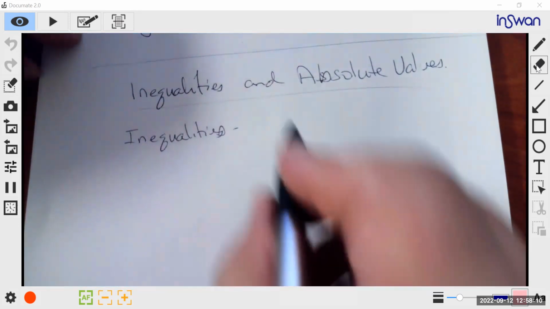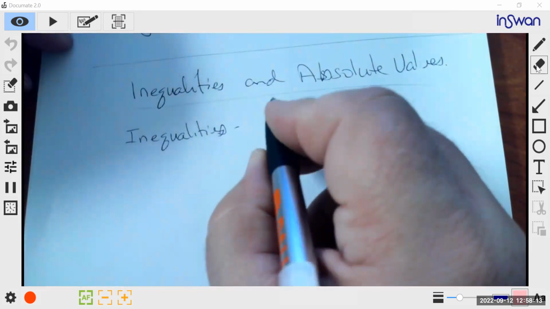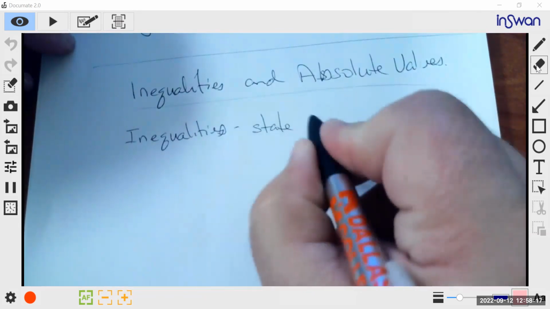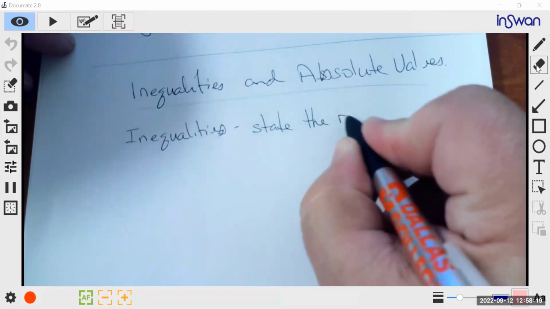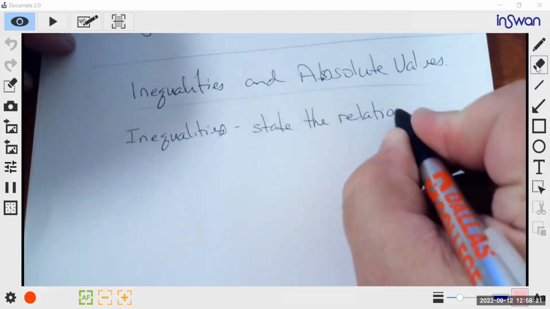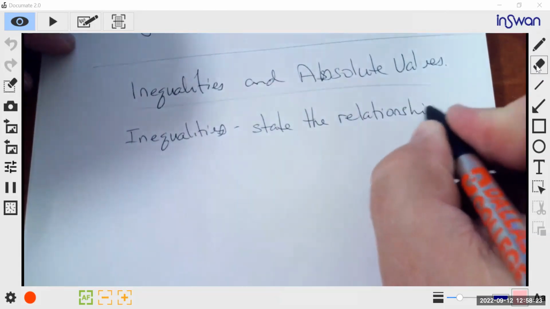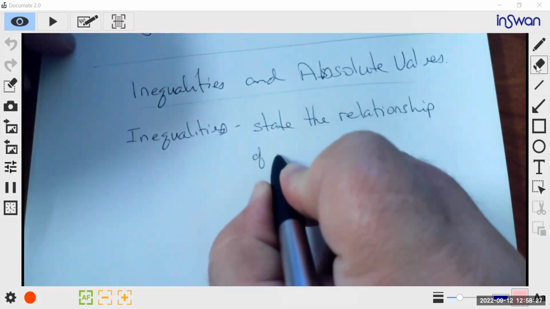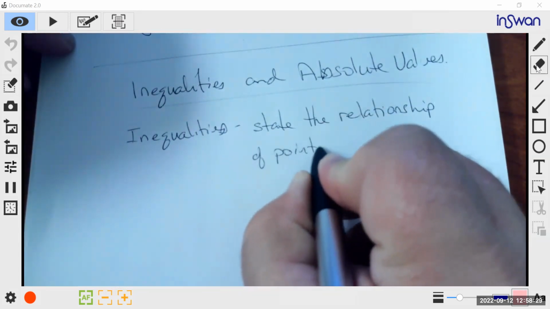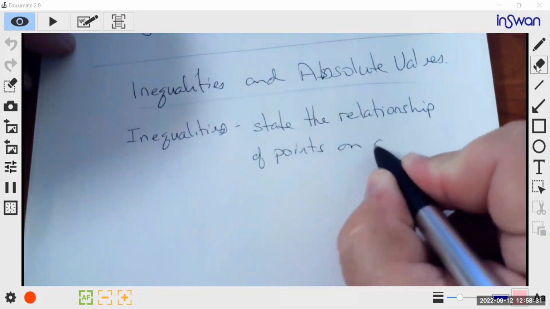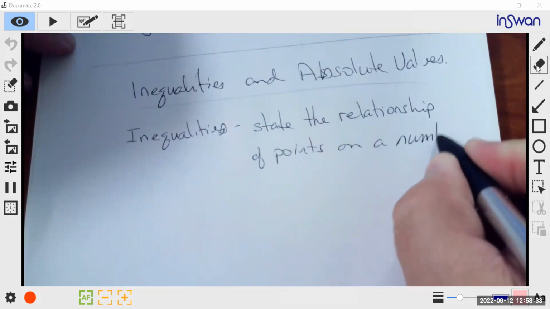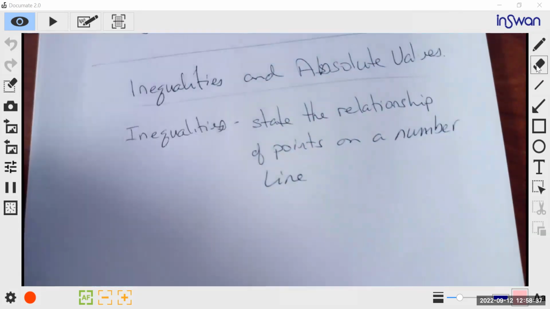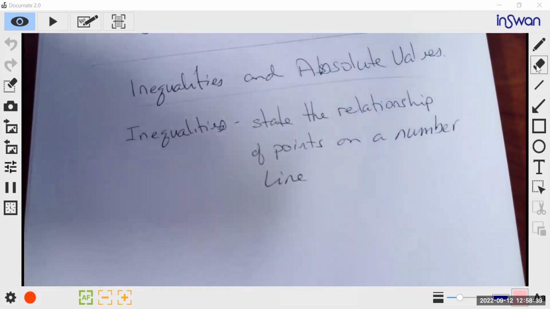Inequalities, simply put, state the relationship of points on a number line.